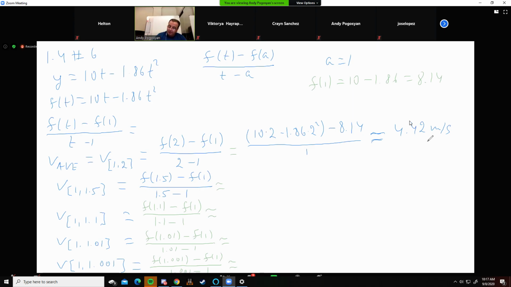So this is 5.35 meters per second. Now 1 through 1.1. Keep 3 decimal places.